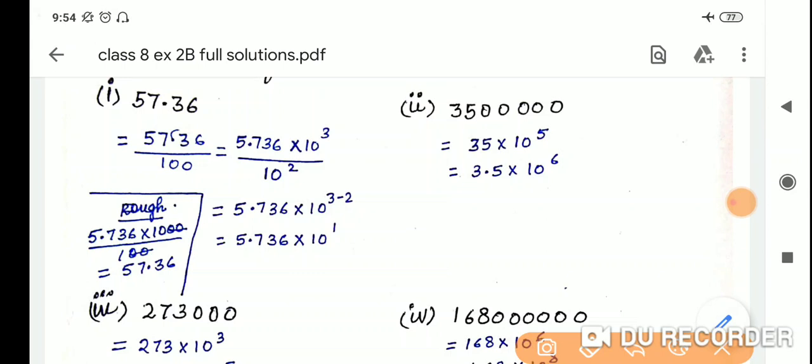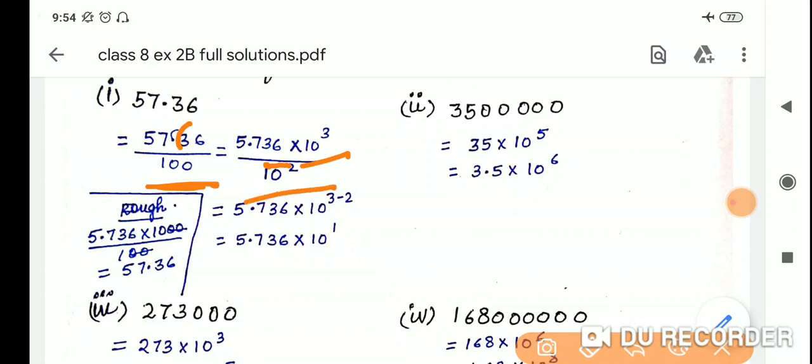57.36, by 2 decimals we will cut this decimal and 100 will be here. Then 5.736, as you know after every number we have to change it into a decimal. So 5.736 into 10 raised to the power 3, as 3 places are there, and this 100 we can write 10 raised to the power 2.